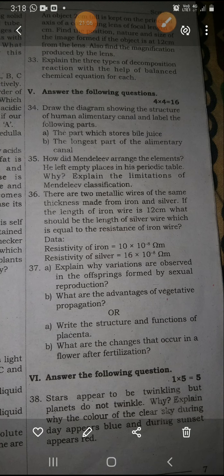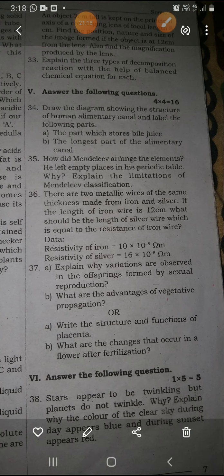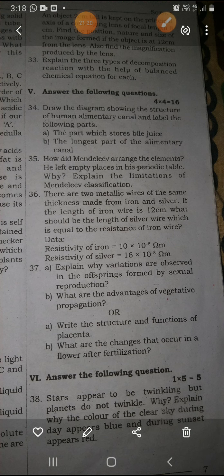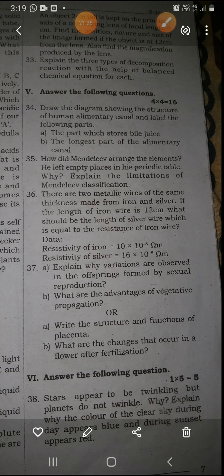As far as Mendeleev's periodic table is concerned, he anticipated the finding of new elements in the future, and he kept some gaps to fill when they got discovered. But why did Mendeleev fail actually?